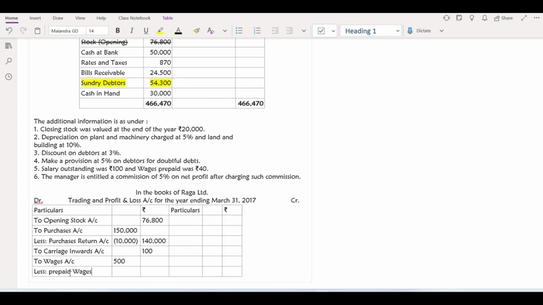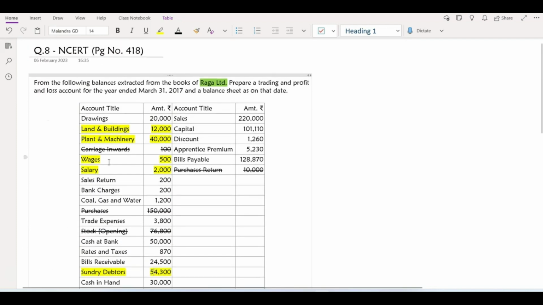The prepaid wages do not belong to this year, even though we had paid the expense, but this belongs to the next year. So therefore, we are reducing this expense from our trading account so that our profit will not be reduced by the same. How much is my prepaid? 40 rupees. So let's cross this one out too. This one is done. So 460 will go on the outer column. Now let's come here. Let's cross it out.